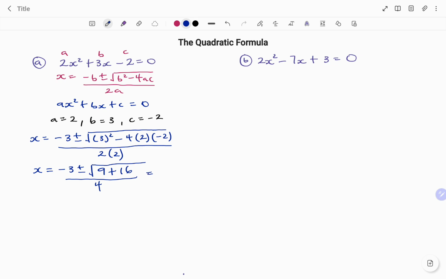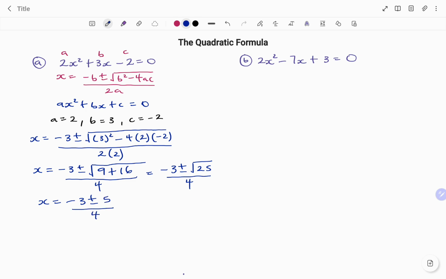I'm going ahead to simplify further, minus 3 plus or minus 9 plus 16 under the root, that's 25, divided by 4. Therefore, I have x being equal to minus 3 plus or minus square root of 25, that's 5, divided by 4.